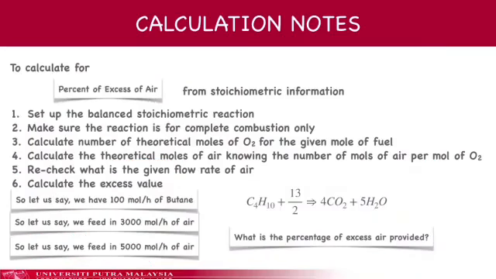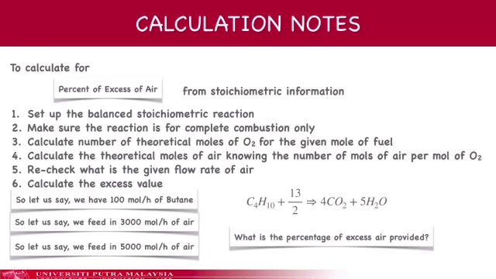Okay, let us now look at the percent of excess air that is required to make sure that the combustion reaction goes into a complete reaction. So let's go to this checklist one by one to see what it means by a percent of excess air.